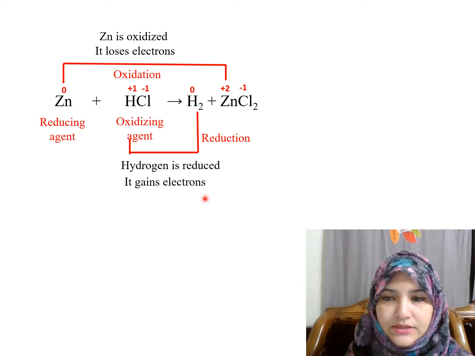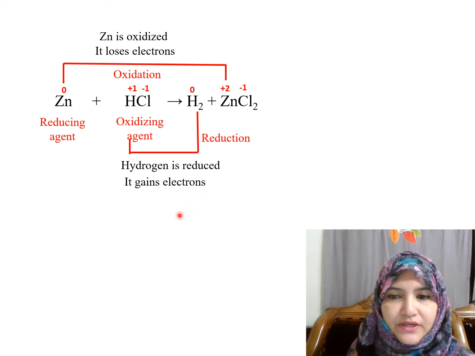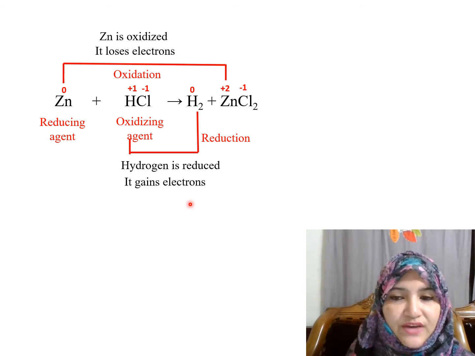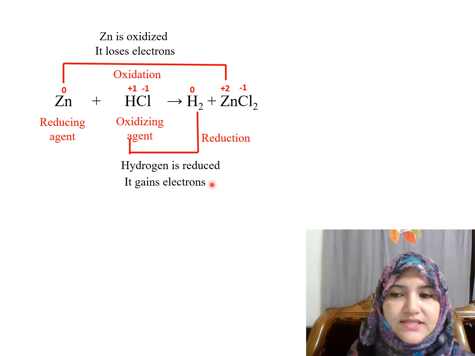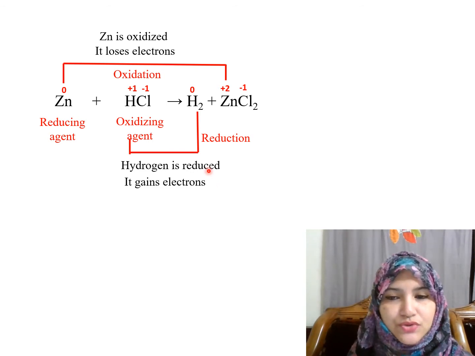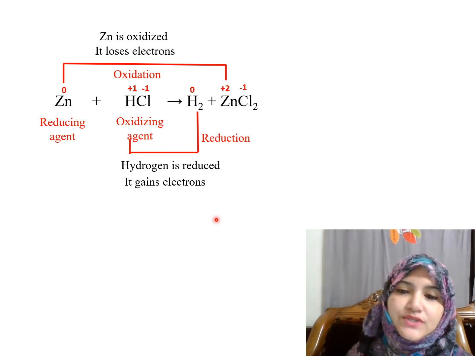Now we have to identify the substance that is oxidized and the substance that is reduced, and also identify the oxidizing agent and the reducing agent.